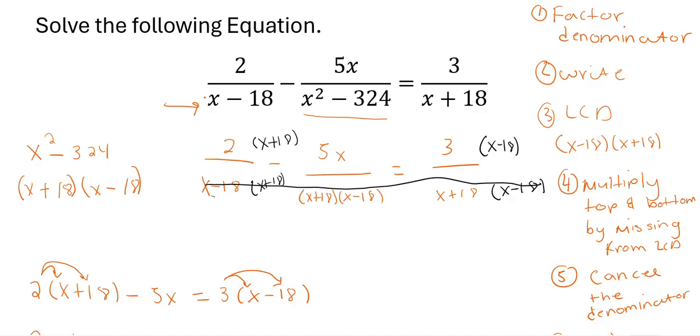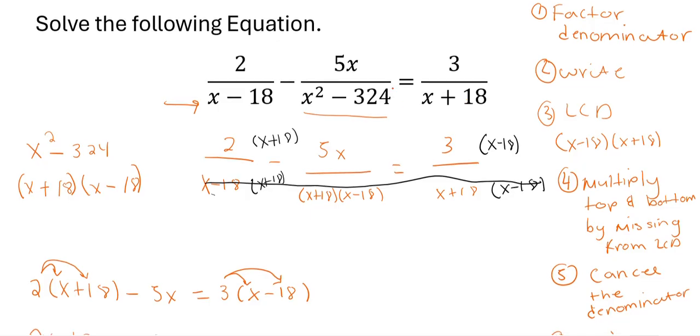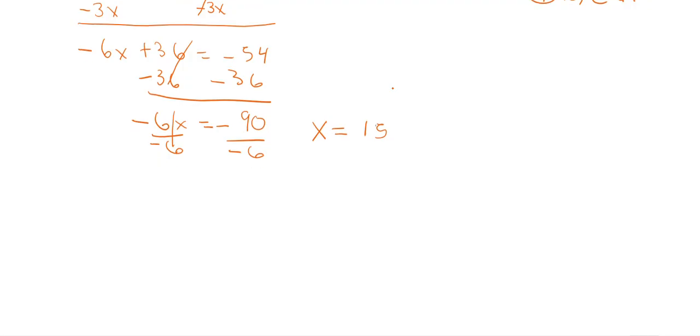If I take x for this one, I have 15 squared, which is 225, minus 324. That gives me negative 99. Again, not 0. And here as well, it still won't be 0. So this answer that we found is a good answer if it does not make the denominator equal to 0. So yay, that is our answer.